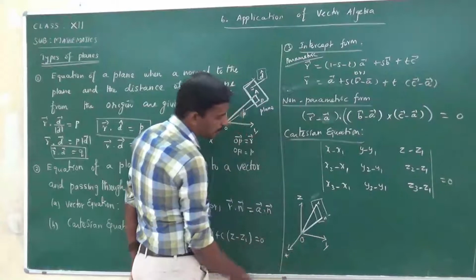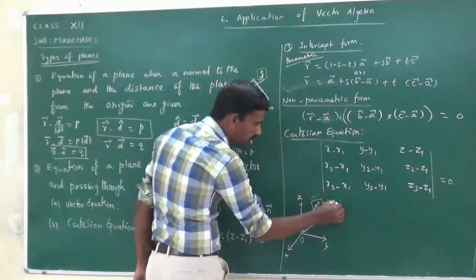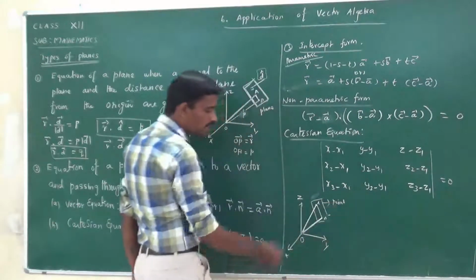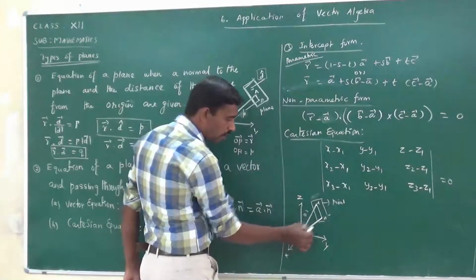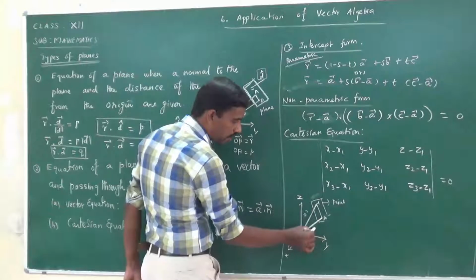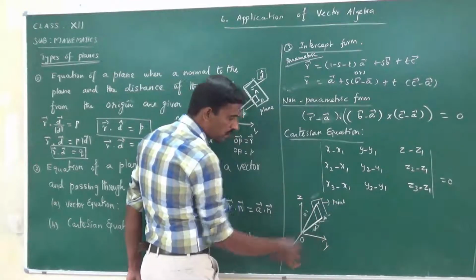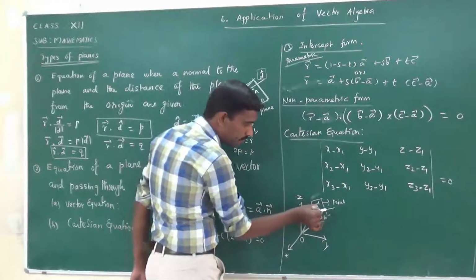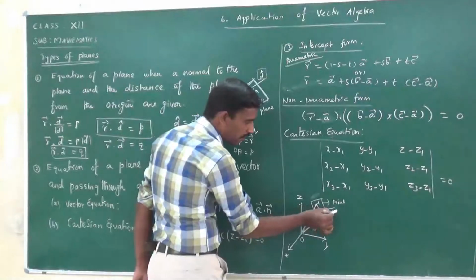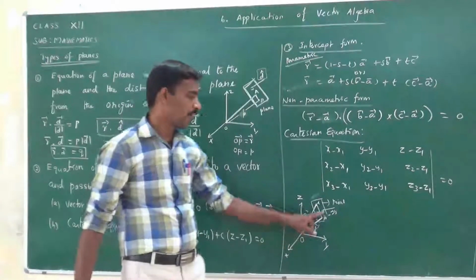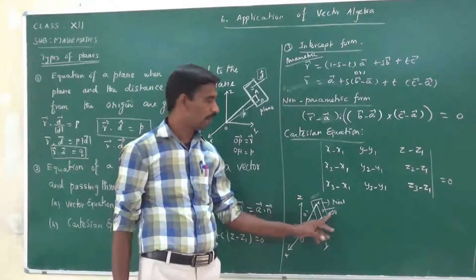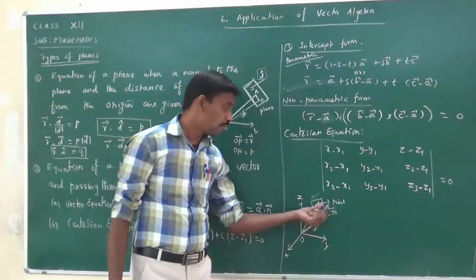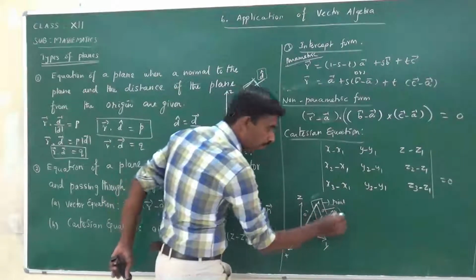This is the coordinate axes and A is the given point. OA is equal to a vector, and OP is equal to r vector. Consider the plane, with normal vector n vector. Normal means perpendicular to the plane.